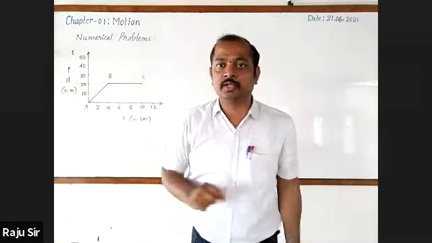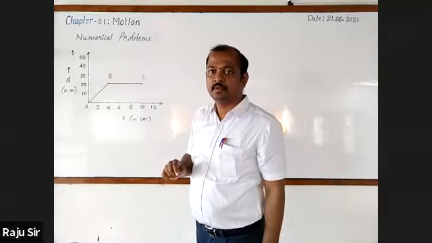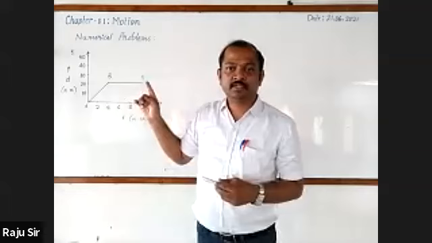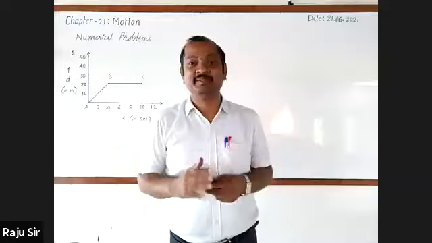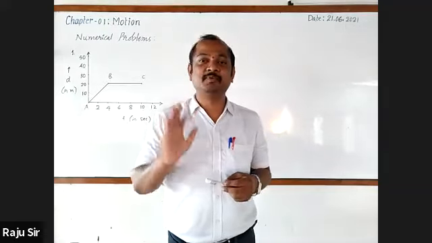And Arushi, what does AB represent? Uniform velocity, or uniform motion.